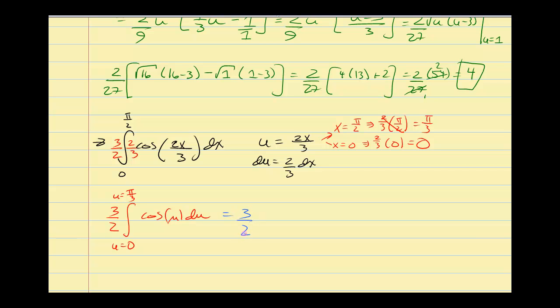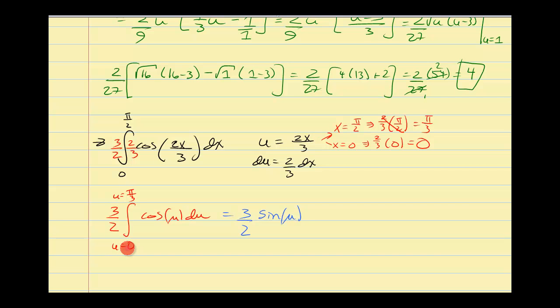The integral of the cosine of u is equal to the sine of u, antiderivative. The derivative of sine is cosine, therefore the integral of cosine is sine. The 3/2 is just dragged along here. Now, do I need to change this u to 2x over 3? And the answer for this case is no, we don't. We don't need to change it because I've changed my limits of integration.